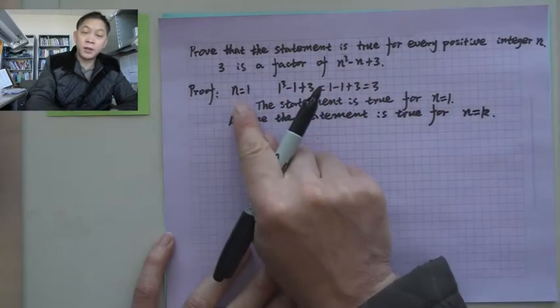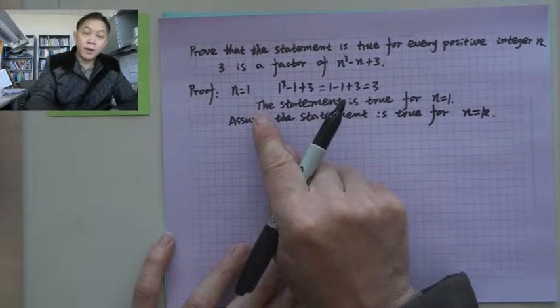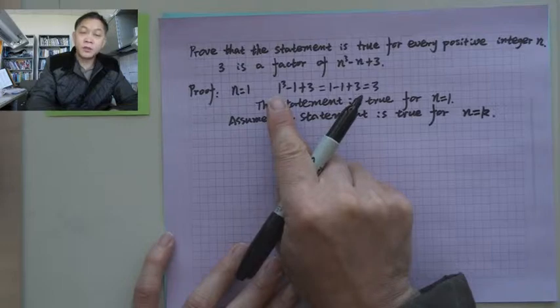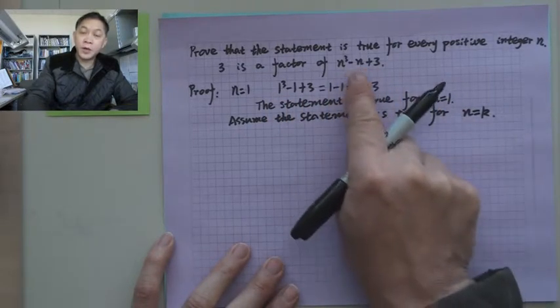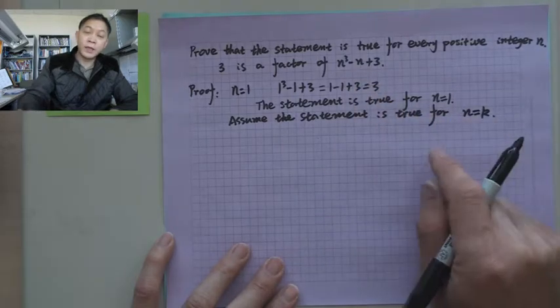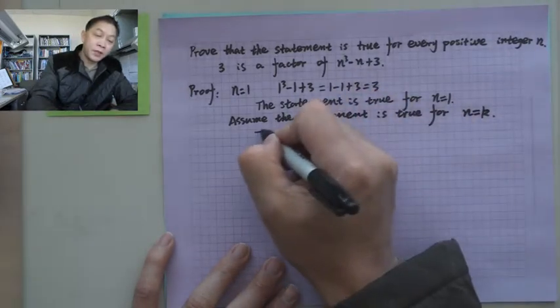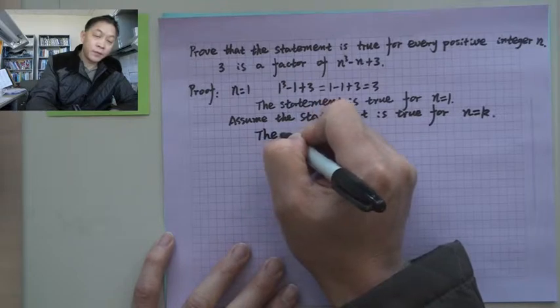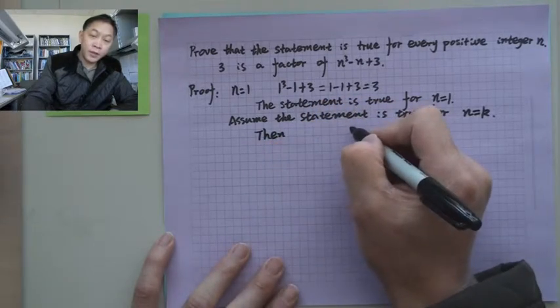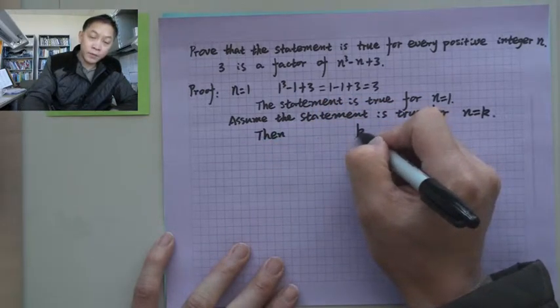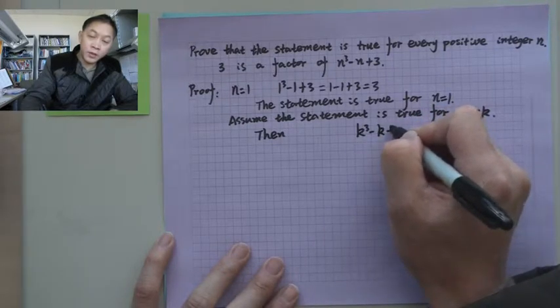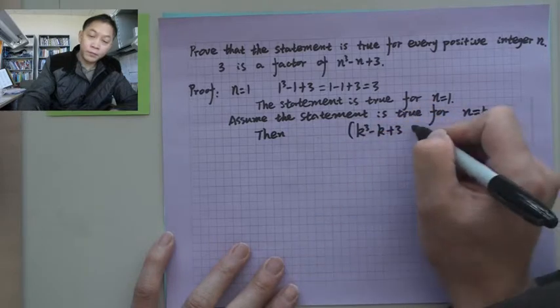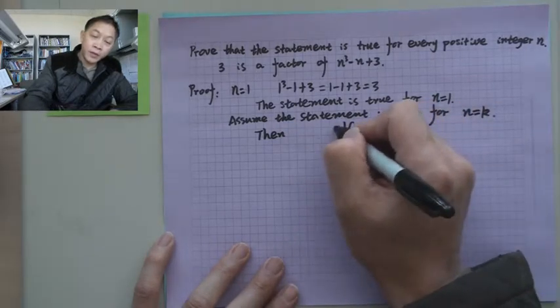And then this tells us what? If 3 is a factor for this expression when it is true for k, then basically you may write that the expression k cubed minus k plus 3 is divisible by 3.